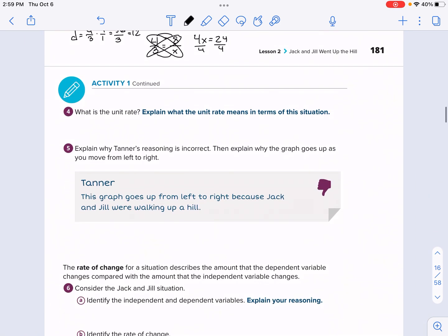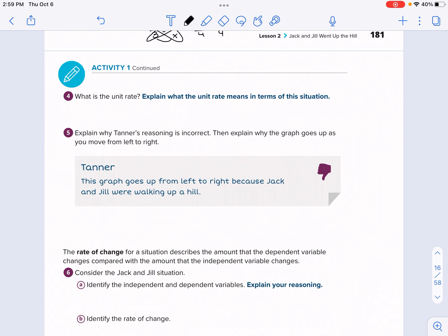Okay. Number 4. What is the unit rate? So we talked about the unit rate here is, right, we have to divide by 1. So we're going to put that the unit rate, right, we know that it is 4/3, but this is in terms of 1 second. So what does this mean?